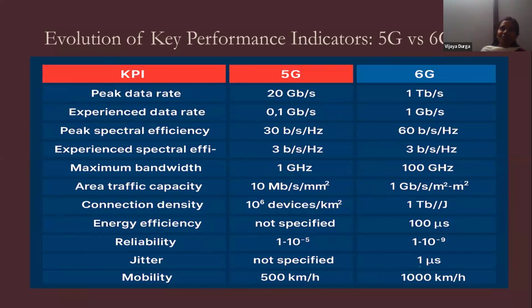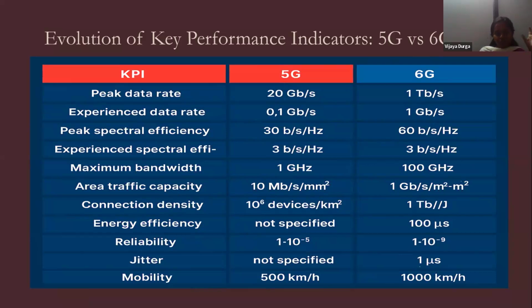More bandwidth means you can transmit more and more data. Because of this bandwidth only, you can get higher data rates also. Then area traffic capacity is 10 megabits per second per square meter, and here it is 1 gigabit per second, so it can provide more capacity. Connection density, as I have already told you, relates to massive machine type communication.